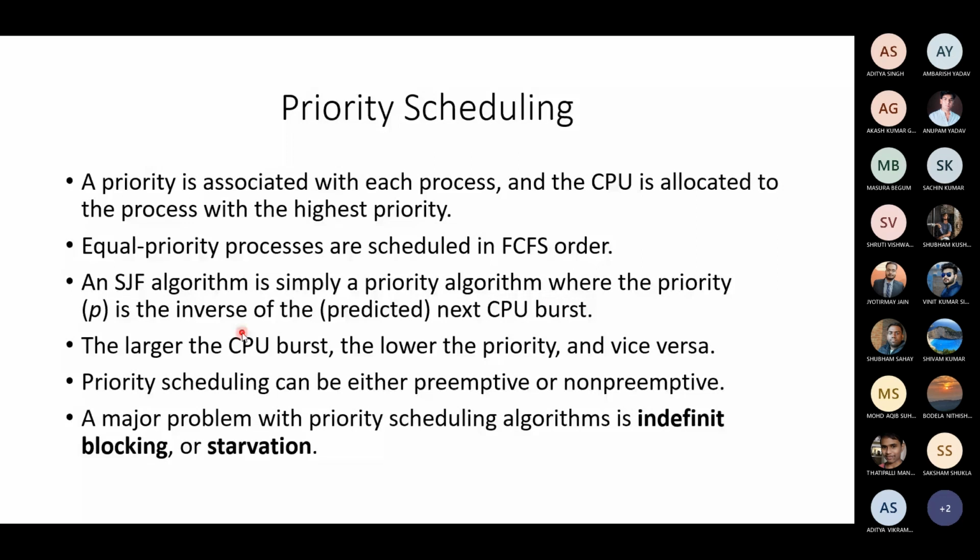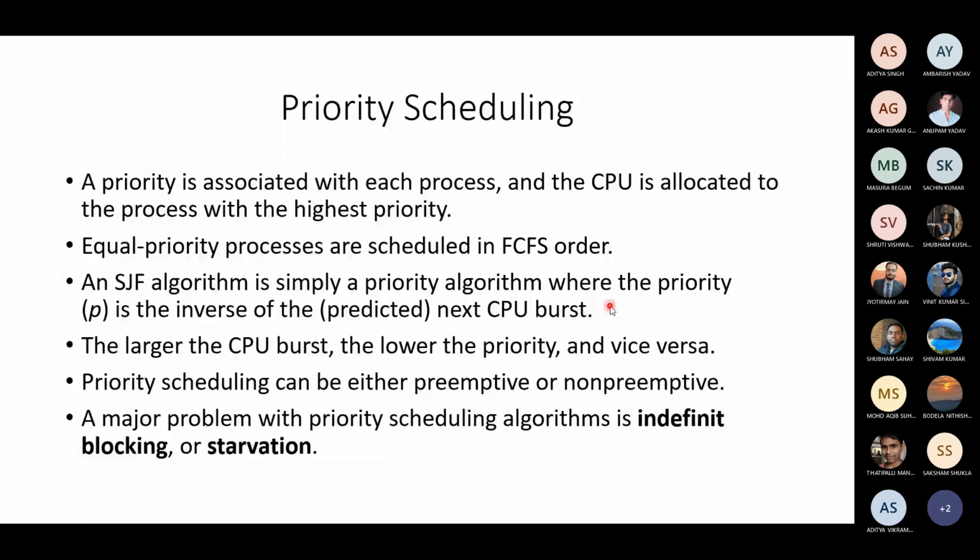What this is meant to say is shortest job first algorithm is also one way of priority algorithm, and we are giving the first priority to the lowest burst time, right? So the priority is higher to the lowest CPU burst. That's what we studied, shortest job first.